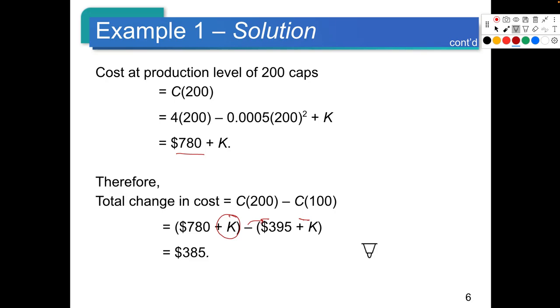So this slide is just to let you know that we didn't just forget about the constant. Putting the constant in isn't needed because it will cancel out. And so what we end up doing is 780 minus 395, and we end up with 385. That's the difference in the cost going from 100 to 200 hats, caps, or whatever they are, baseball caps probably.